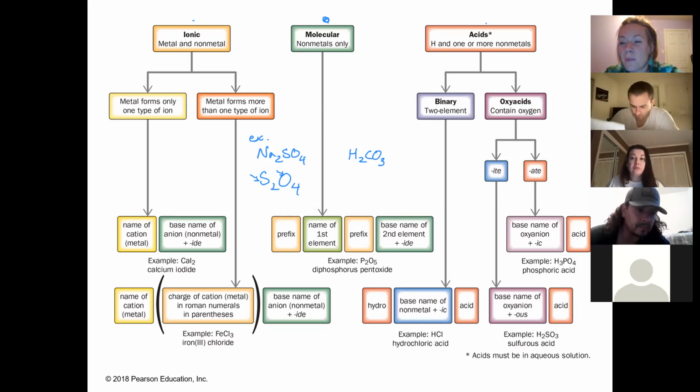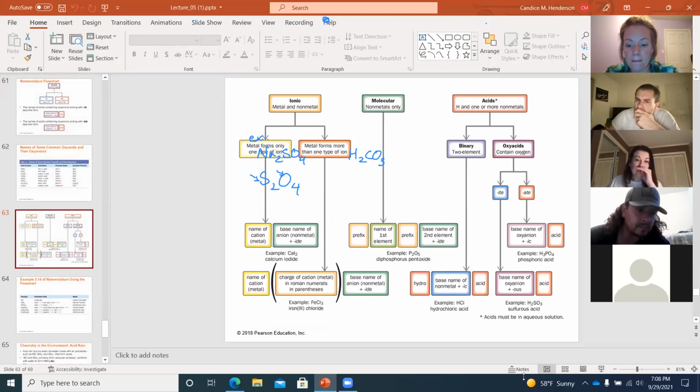So some things that you'll want to have is a polyatomic ion sheet. Hold on one sec, let me clear this out. Can you see my screen? Okay.